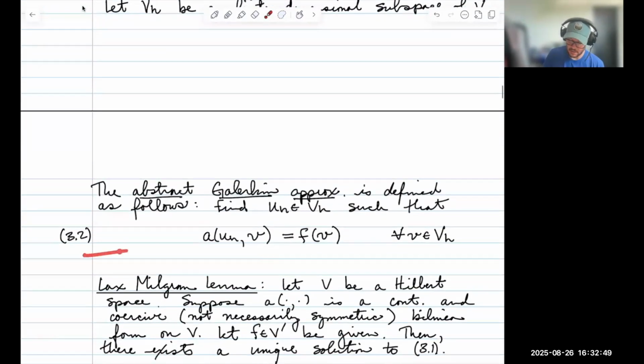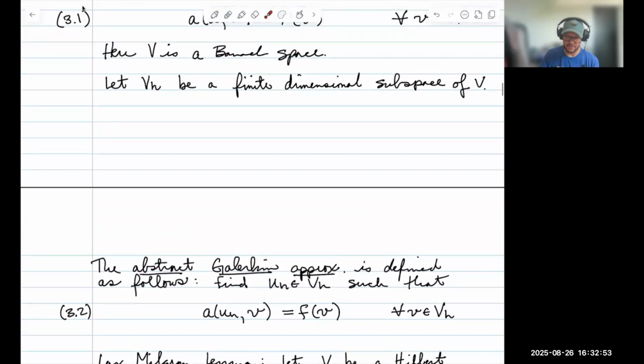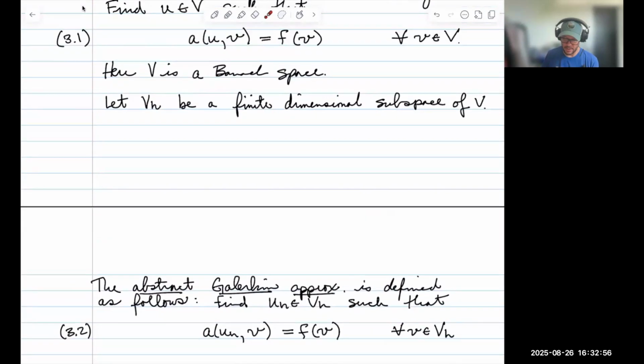Now we have its abstract Galerkin approximation. What are the characteristics of the abstract Galerkin approximation? It has exactly the same structure. It uses exactly the same bilinear form, exactly the same functional f, but notice that the test space changes from being every v in the Banach space to every v in the finite dimensional subspace of that Banach space called V_h.